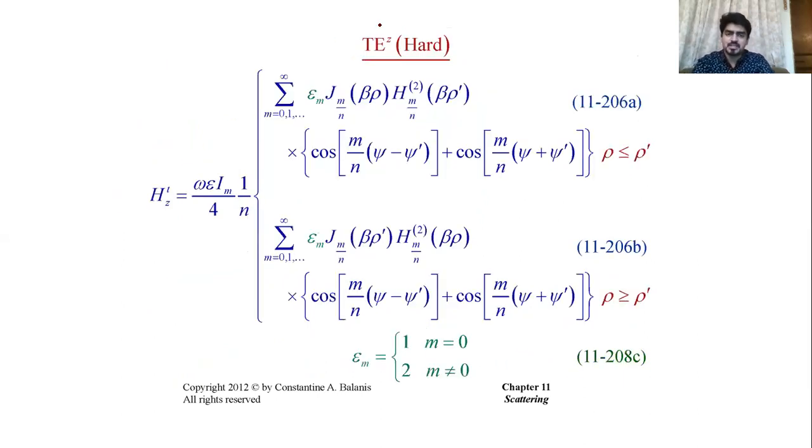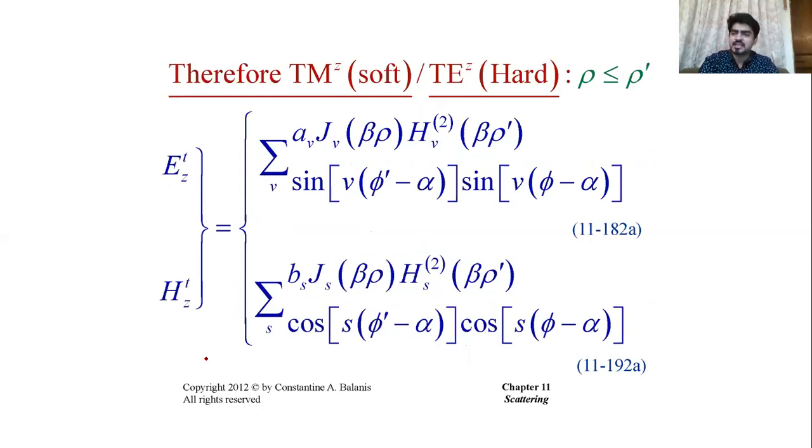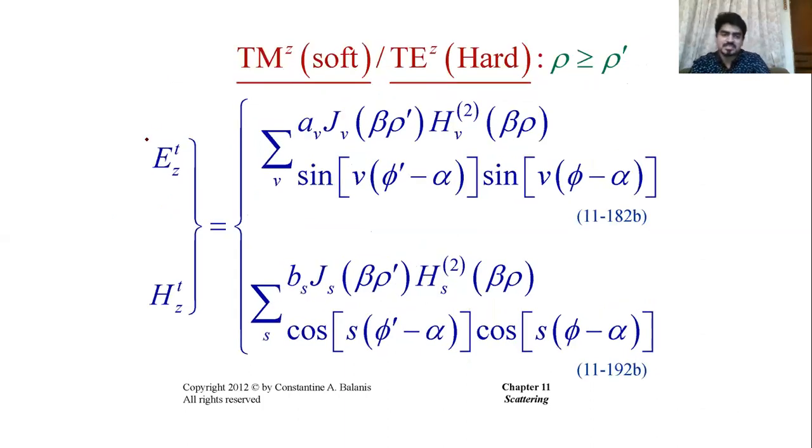Similarly for TE to Z polarization, hard polarization, for two regions, these are the new expressions in the new coordinates. And again we can combine them for region 1. For region 1, this will be the expression for ETZ or HTZ. Similarly for the second region, these are the expressions for ETZ and HTZ for TM to Z and TE to Z polarization.